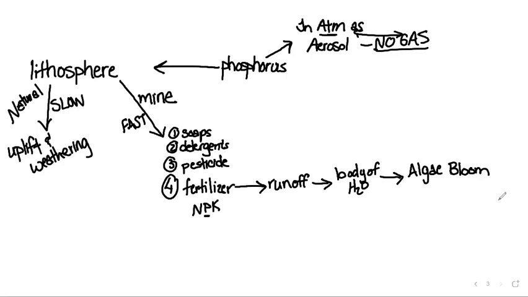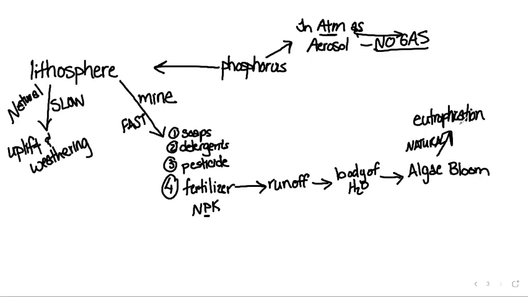Because algae blooming is a normal process, naturally, this is the process of eutrophication. The algae grow and multiply, and then they run out of resources and they die. And then they grow and multiply and run out of resources and die. The cycle is relatively balanced so that there's no major damage to the ecosystem.